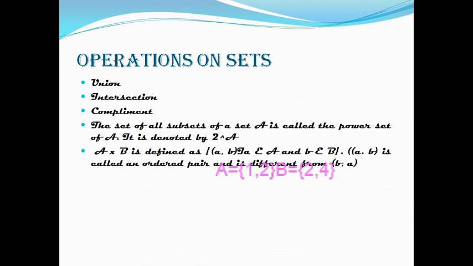Okay, then what do you mean by A union B? A union B set will contain both the elements of A and also the elements of B. Both members it will contain. So first one is 1, second one is 2. Here 2 is contained. We cannot write 2 again because repetition is not allowed. So this is A union B.